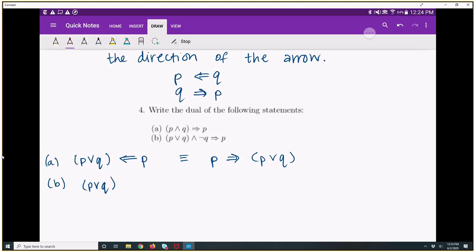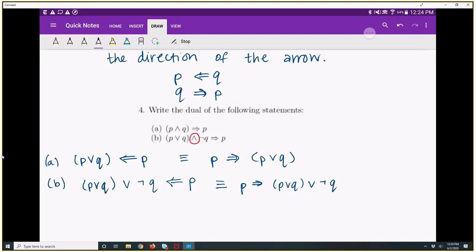I'm going to make this now or, and then I keep not Q. But I switch my arrow. So now I have P or Q or not Q is implied by P, which is logically equivalent to P implies P or Q or not Q.